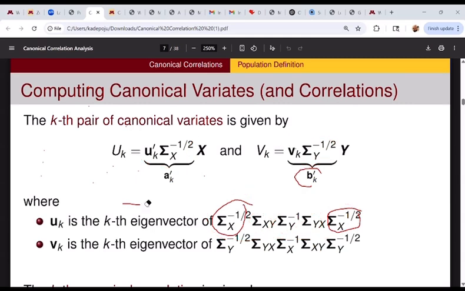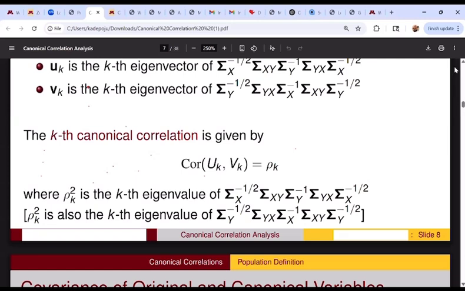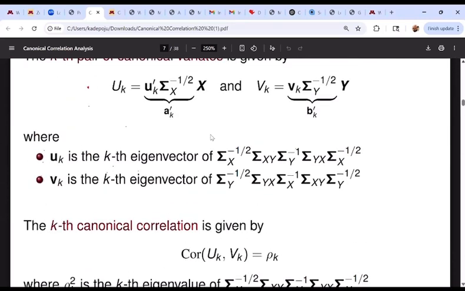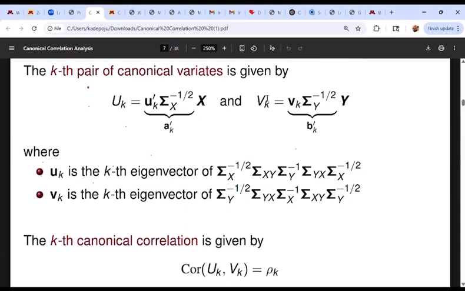That's how you're going to navigate that part. Now, the moment you have obtained UK and VK, we can look at the correlation between the two.